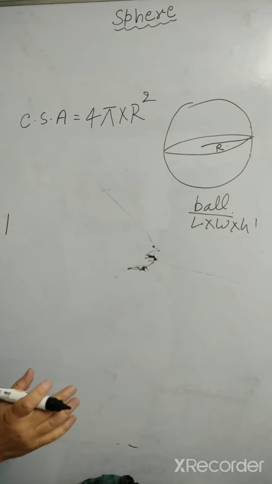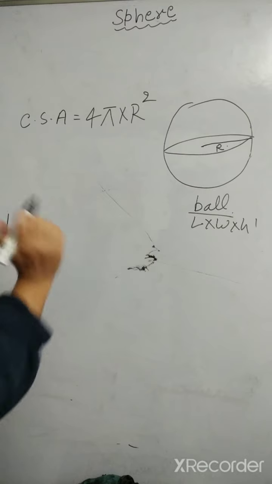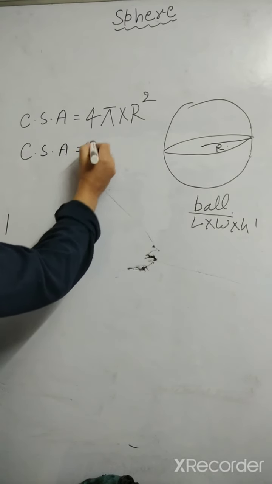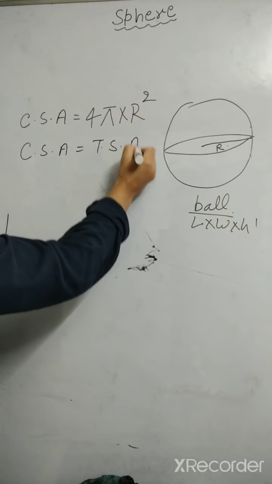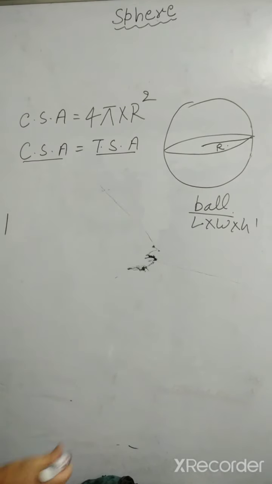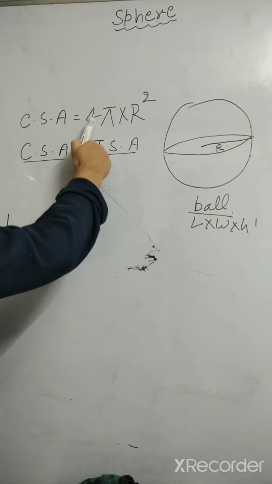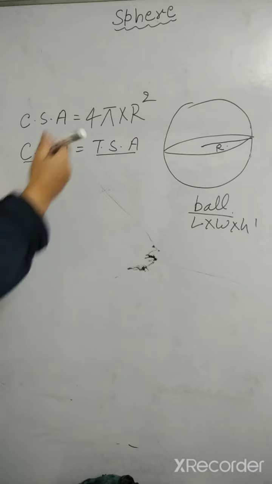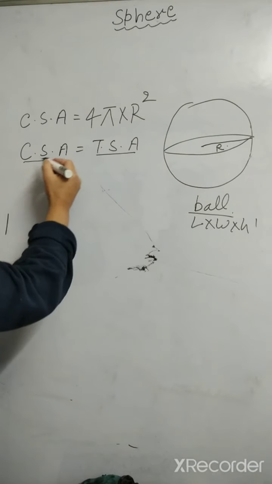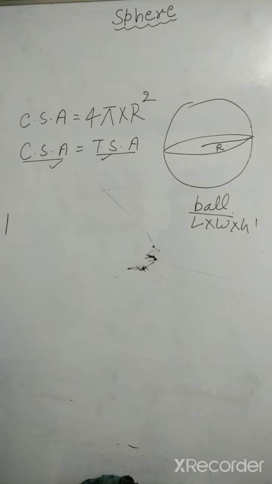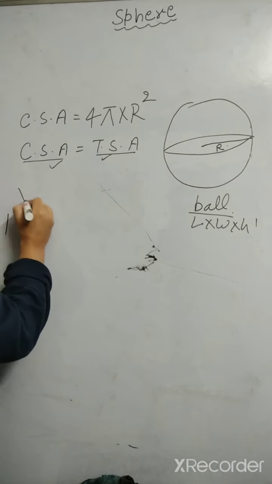And in case of a sphere, curved surface area is same as total surface area. So curved surface area is same as what? Total surface area, and that is equal to 4 pi r square. So this is the surface area of a sphere, whether it's a curved surface area or a total surface area, both are same.